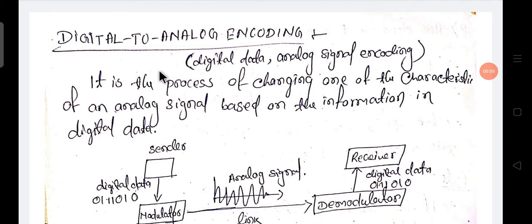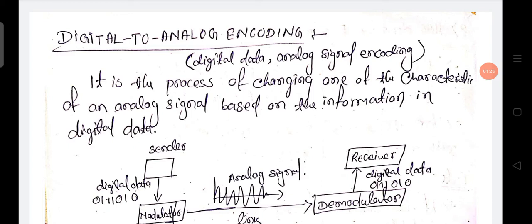It is the process of changing one of the characteristics of an analog signal based on the information in digital data. That means here we change one characteristic of the analog signal, or the carrier signal.